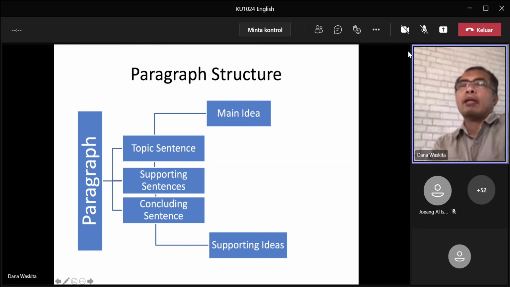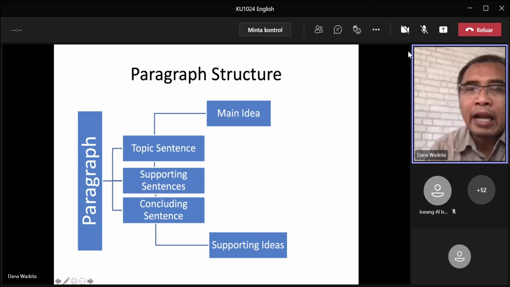So when it is implied or not directly stated, you have to make the main idea by yourself. How to make it? You have to draw a conclusion from the topic. You start from the topic, find the topic itself. What is it about? And what the writer wants to say about the topic. That is the main idea.